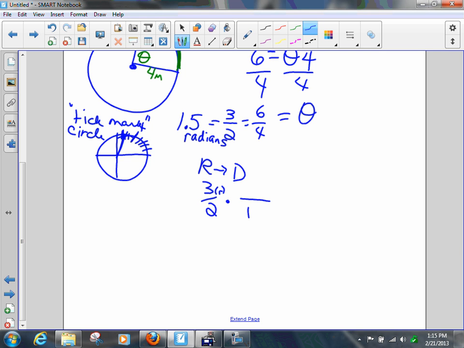In the bottom. That little r is just a hint for me, because that's how I know where to put my pi, in the numerator or the denominator of my conversion factor. Now it's just calculate it. 2 goes into 2 once. 90, I got 270 over pi.